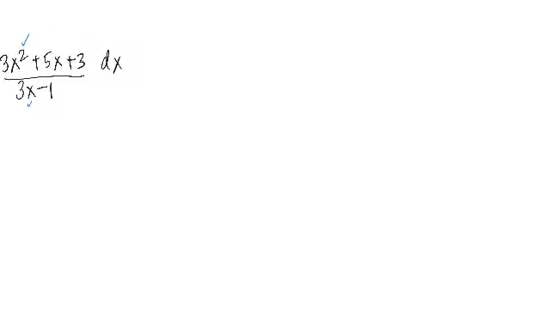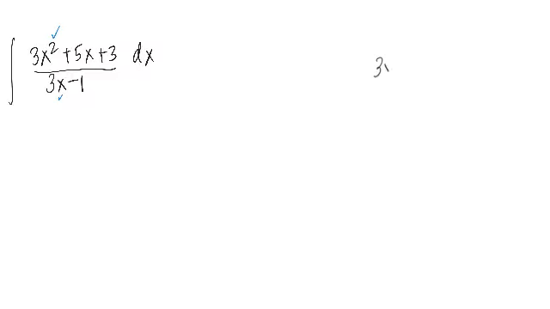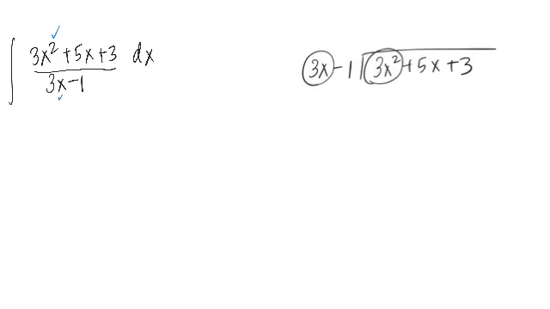So let me go off to the side here to divide 3x squared plus 5x plus 3 divided by 3x minus 1. Just reminding you how to do this, we divide the front by the front. 3x squared divided by 3x is just x. Then multiply 3x squared and negative x, then subtract, and then bring down.